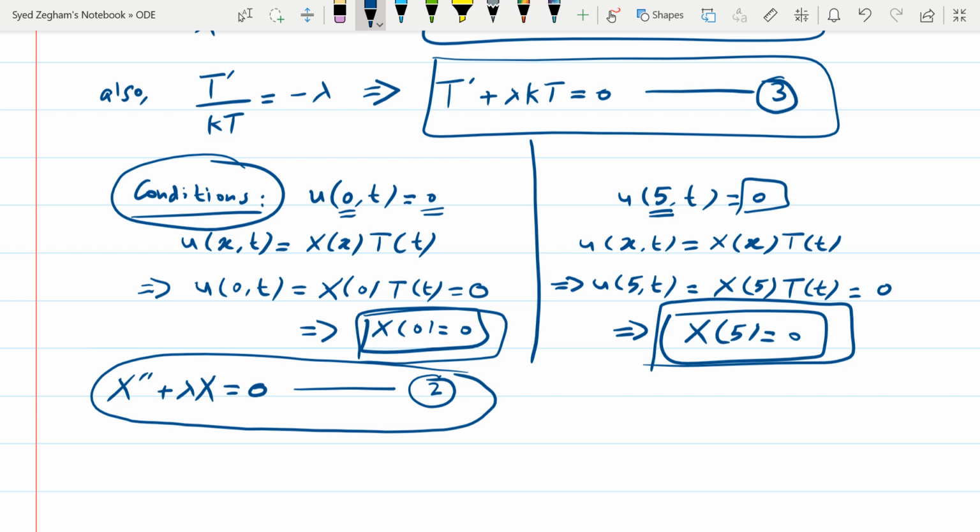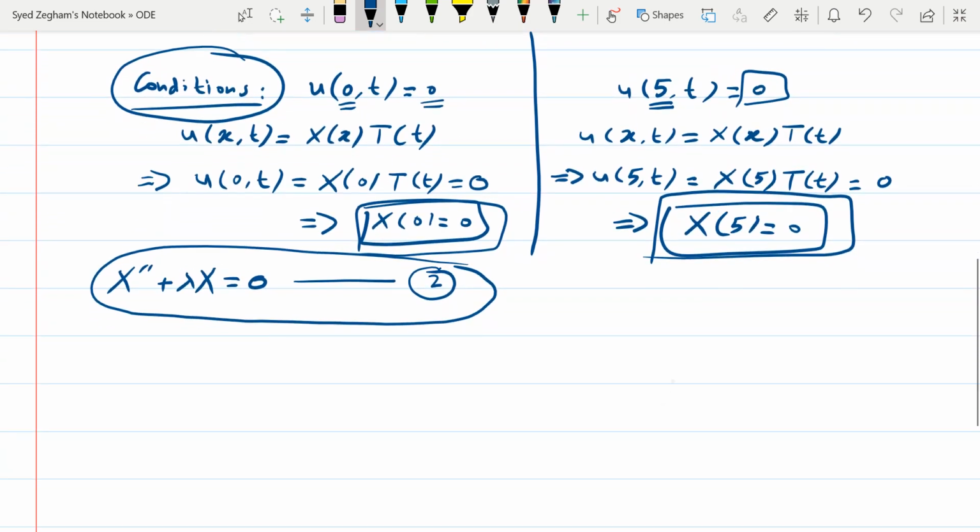So we discussed 3 cases when we talk about the Sturm-Liouville eigenvalue problem. 3 cases we have to consider.